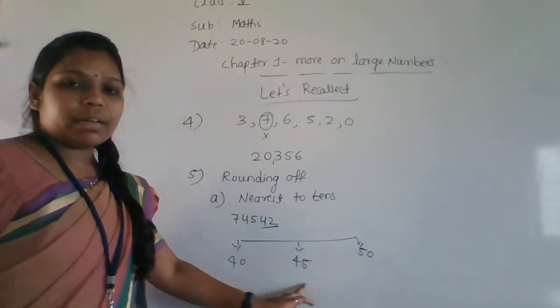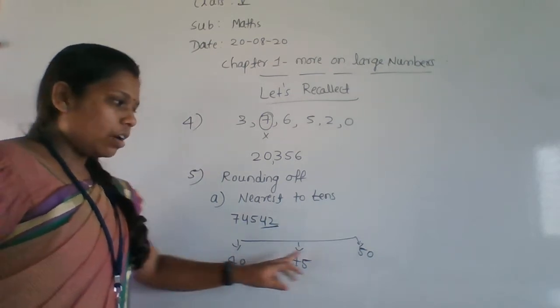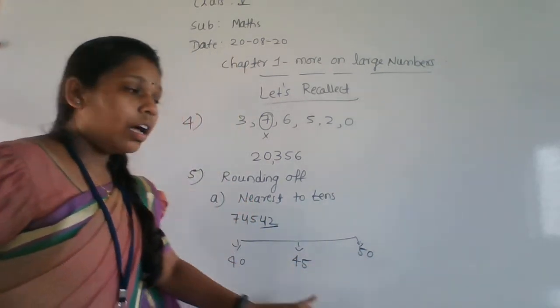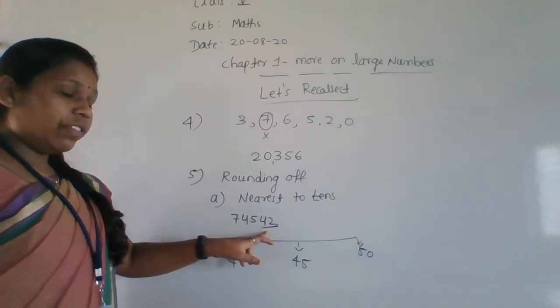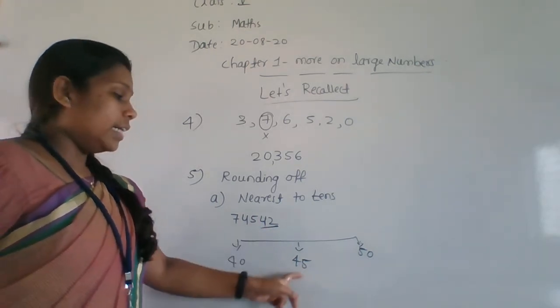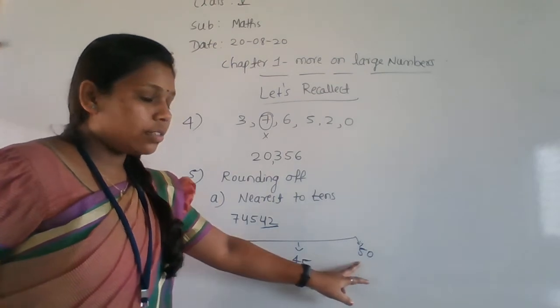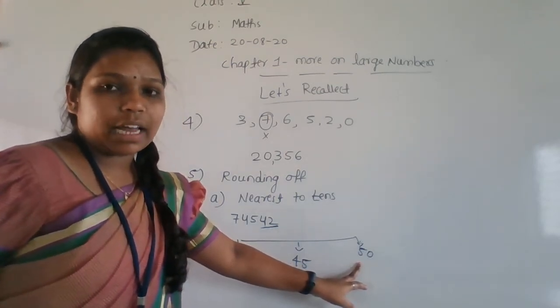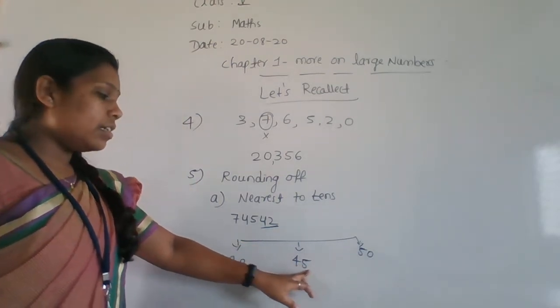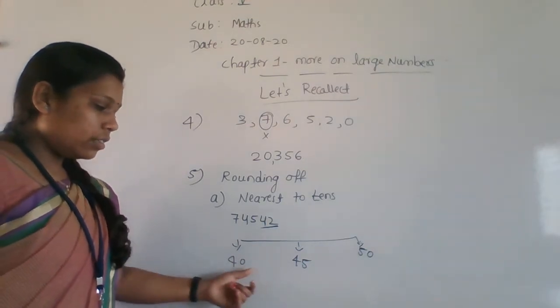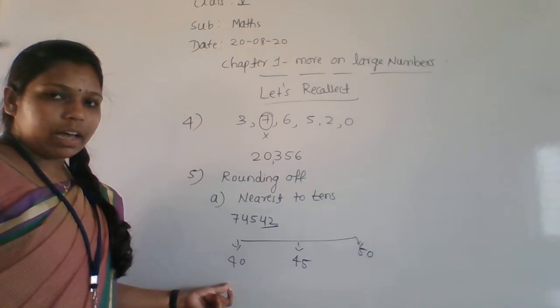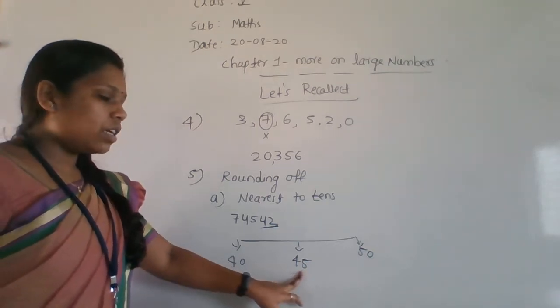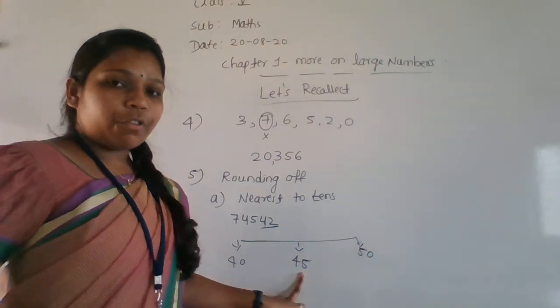Right? The middle number is 45 and the numbers are 40 and 50 here. And see here, if the given number is greater than 45, then it is nearer to the 50 value. If the given number is lesser than 45, then it is nearer to the 40 value.